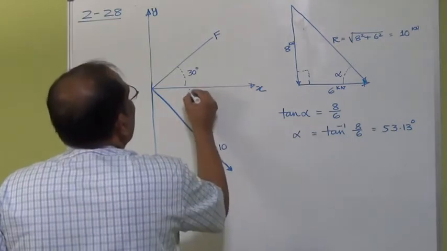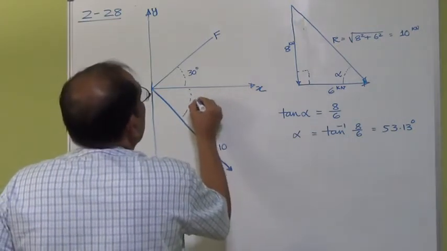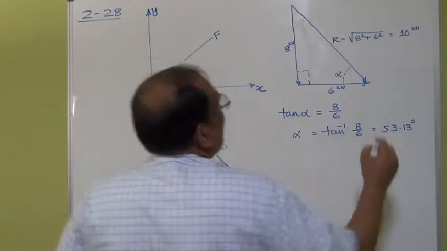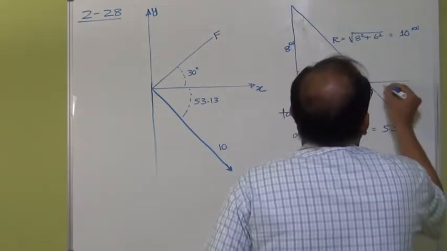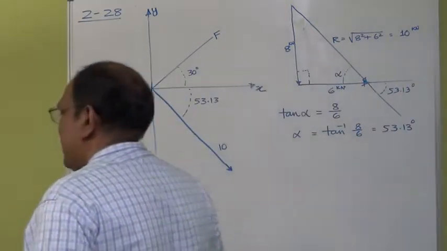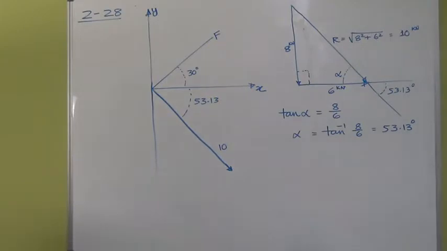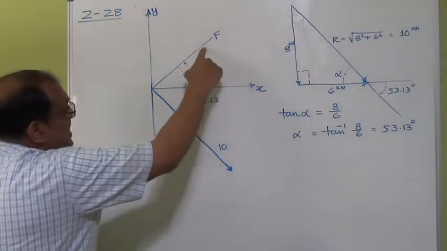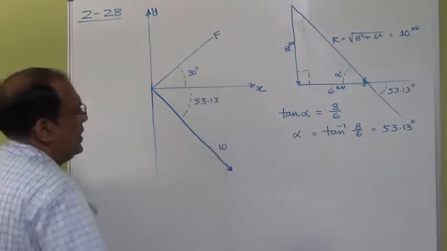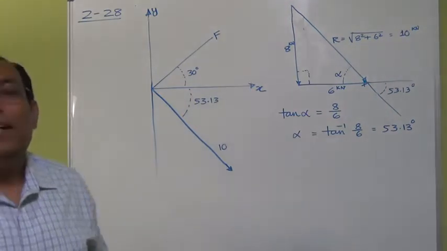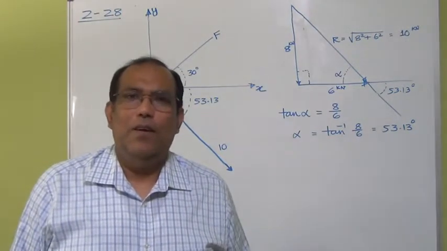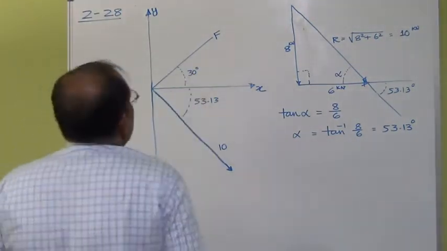And this angle is 53.13. Okay? To find out now the resultant of this force and this force, this is actually the resultant of these two, and if you add F with that, then basically you will get the resultant of the three forces, right? So to draw the force triangle for that one, you can see what I have to do.